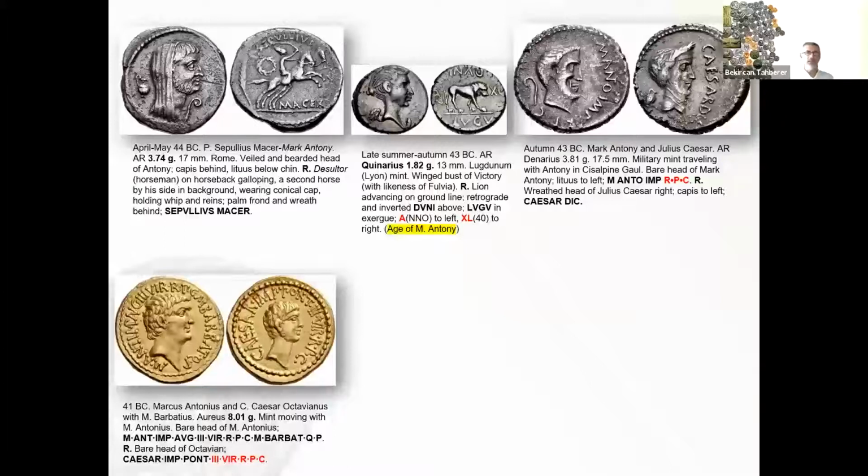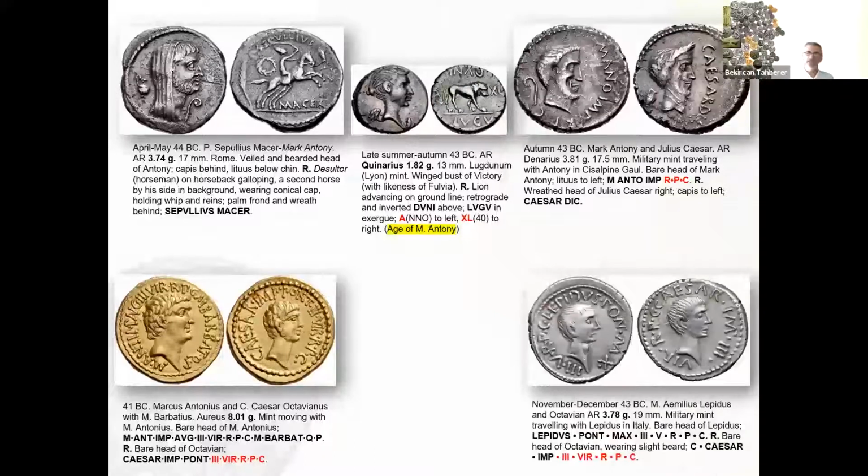At the beginning, he struck coins for the other triumvirs, and they all did the same thing. Mark Antony has a coin with Octavian, and here Lepidus has a coin with Octavian, and Octavian has coins with the others when they were all working together.